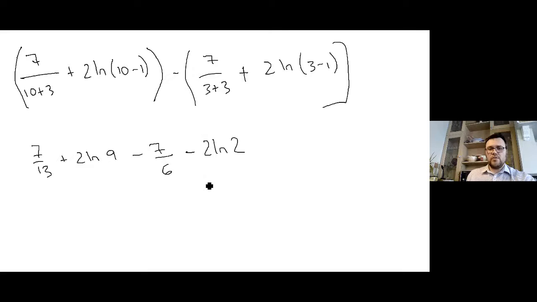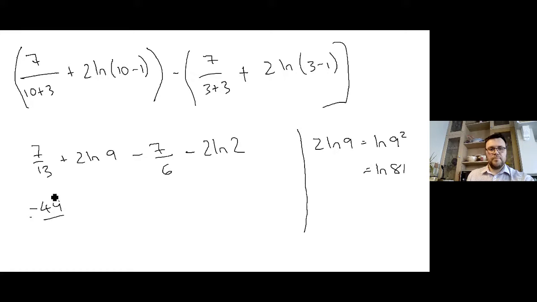Hopefully you can remember with logs that 2 ln 9 is the same as ln 9 squared, which is ln 81. Okay, just because I want to tidy it up. And also, 7 over 13 minus 7 over 6 is minus 49 over 78.